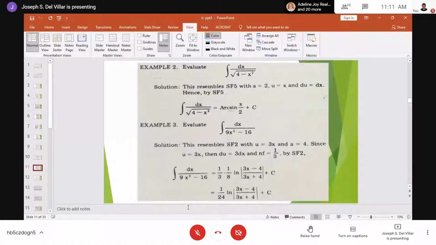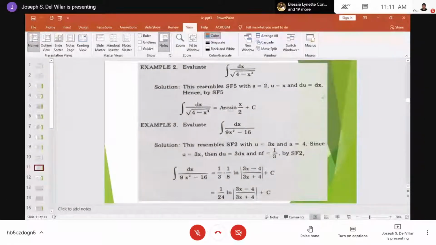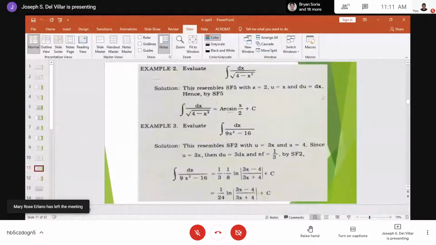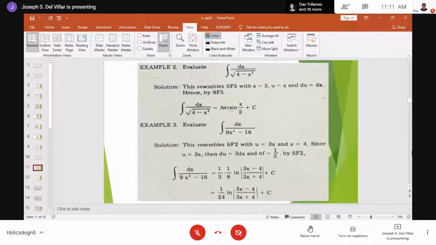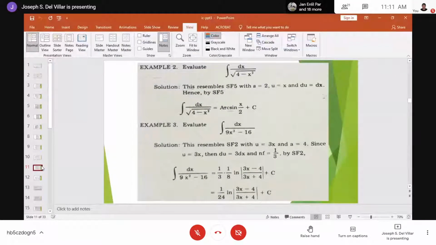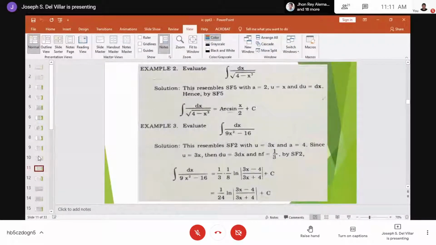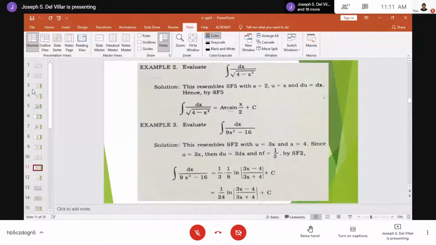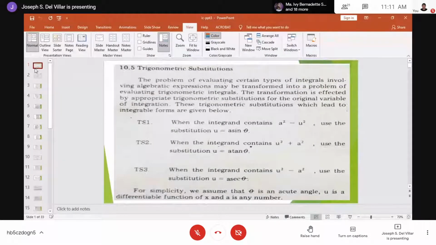Okay, did you get it using substitution? Was the result the same? What answer did you get? Did anyone get it? Is it the same as the answer using the standard formula? So what will you do? Let u be equal to what?